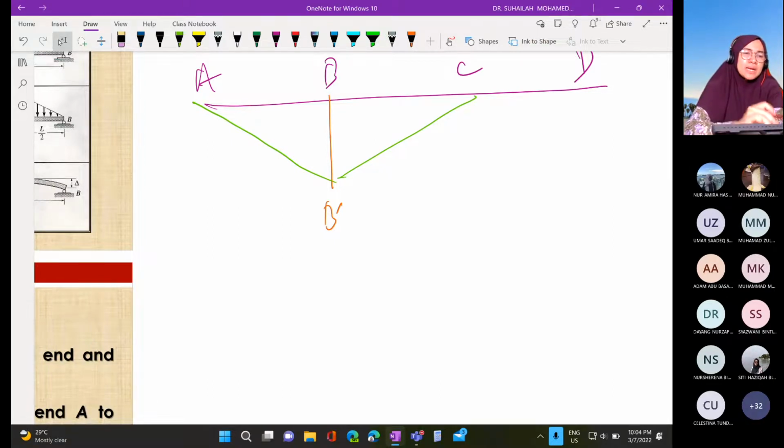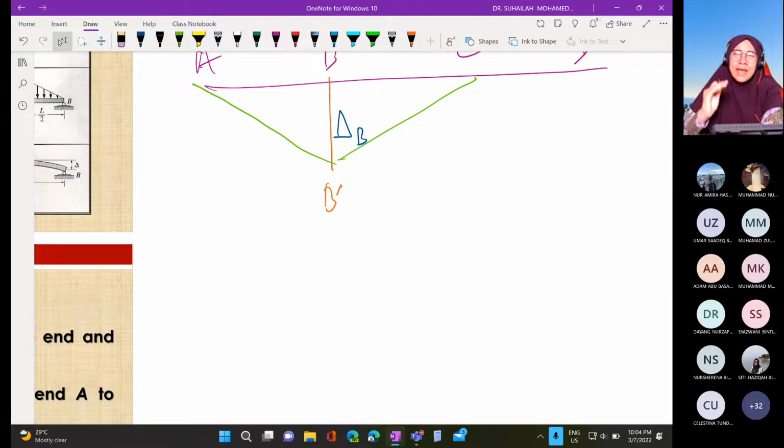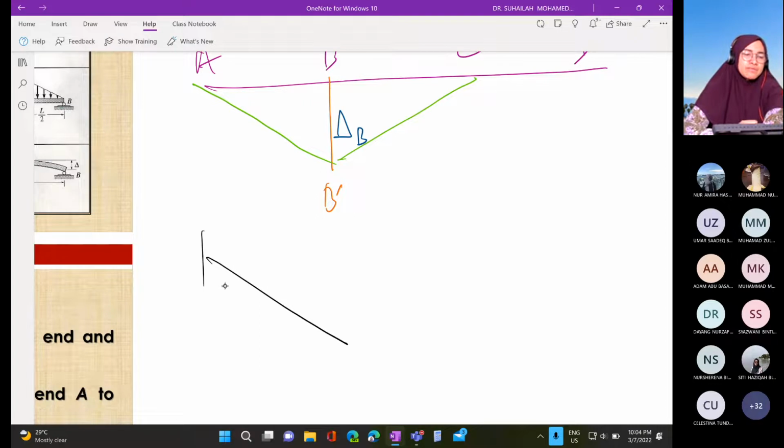So sama juga bila kita nak letak sign for FEM due to delta ni, this is delta B. We have to look at the beam after settle. Beam macam ni, after settlement occur for AB. And always remember that the beam, so sini ada support lah, fix tu.